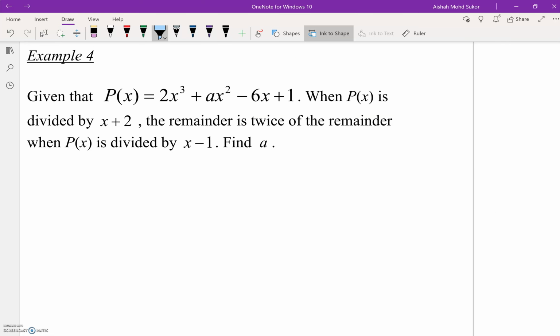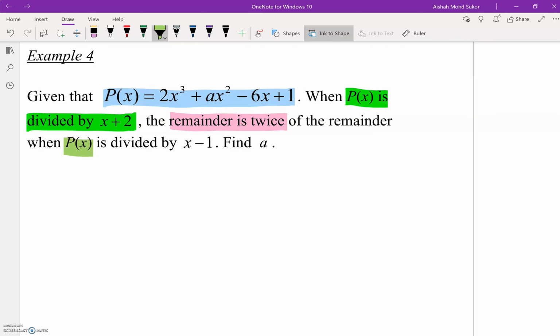Example 4. Given a polynomial, when p(x) is divided by x plus 2, the remainder is twice the remainder when p(x) is divided by x minus 1. So, when p(x) is divided by x plus 2, we have p(negative 2).